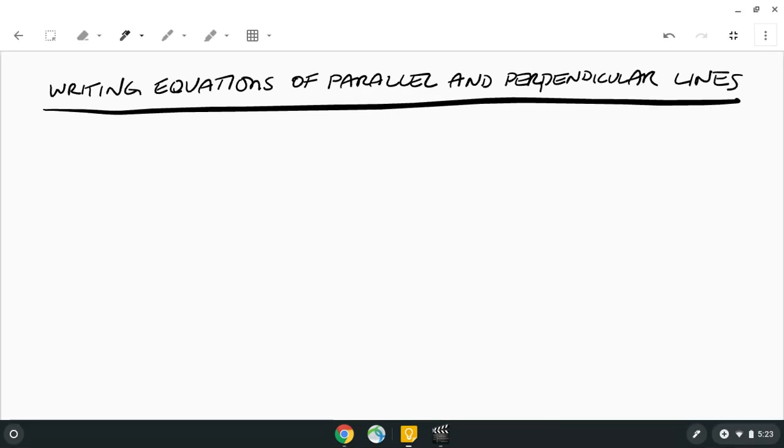Okay, so let's just recall that if you need to write the equation of a line, we need the slope and we also need b. Okay, we need m and b. Let's also recall that parallel lines have the same slope.